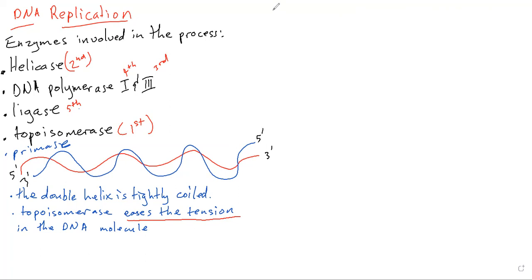Now I'm going to start with the leading strand, which is continuous replication. So we know that topoisomerase will first bind to the DNA to ease the tension in the molecule.